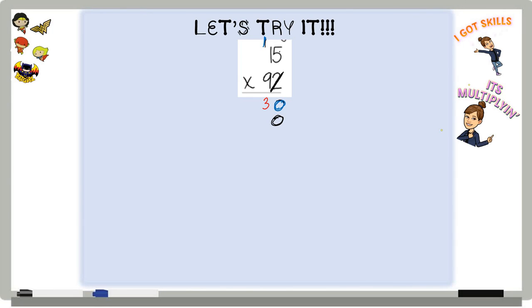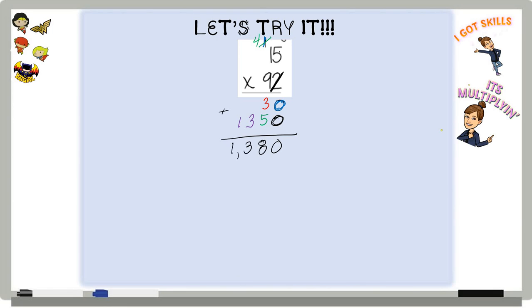So next I do 5 times 9, and I know 5 times 9 is 45. And I carry the 4. And then here I have 1 times 9 is 9, plus 4 is 13. And now I can add. 0 plus 0 is 0. 3 plus 5 is 8.